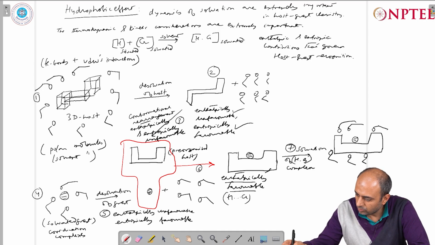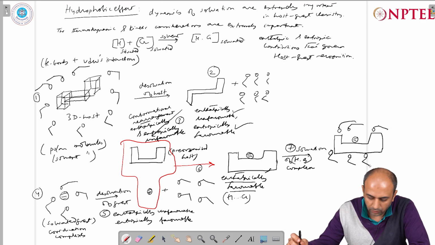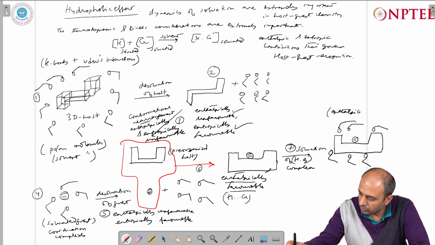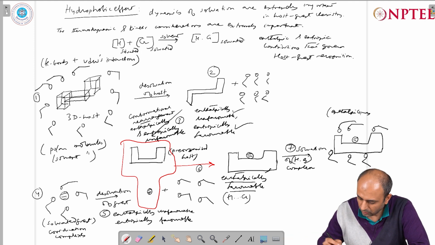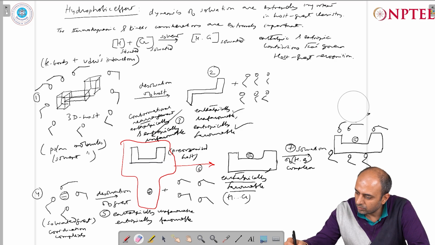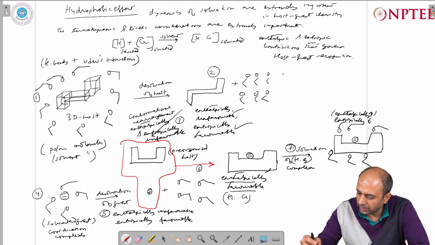Now this is the solvation of the complex, and this is enthalpically favorable but entropically unfavorable, because the solvent molecules which were present in the bulk will now come and coordinate with the host-guest complex.